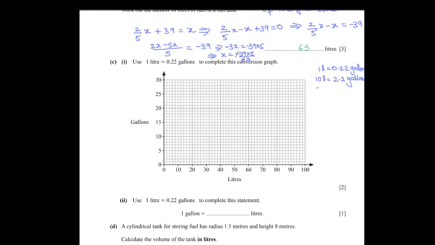Then 20 liters will be 20 into 0.22, 4.4. 30 liters will be 30 into 0.22, 6.6.